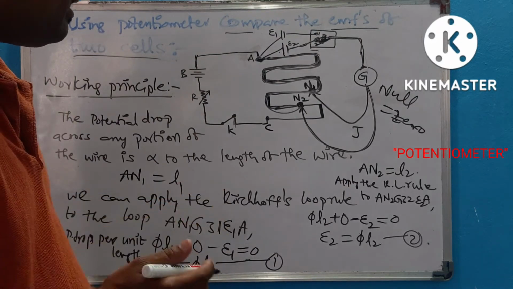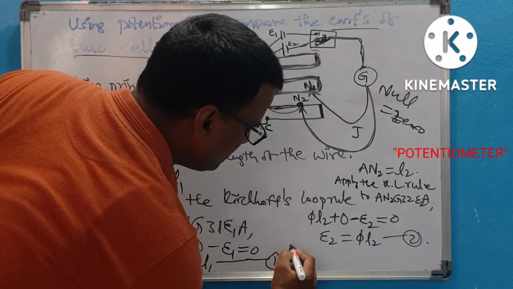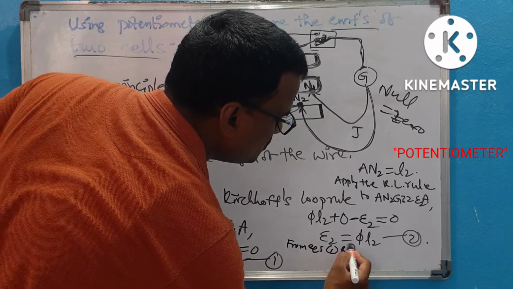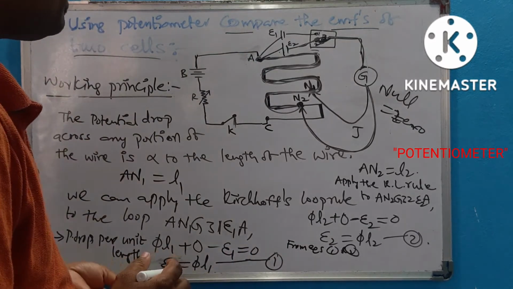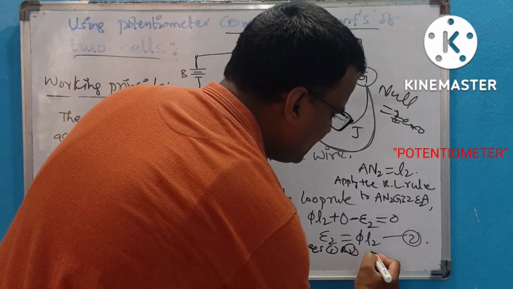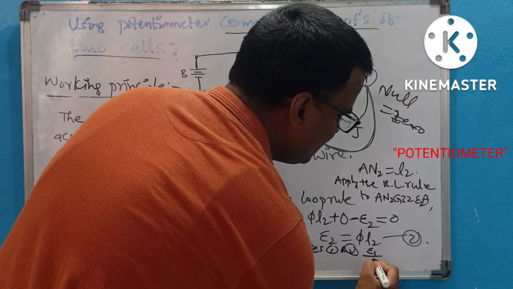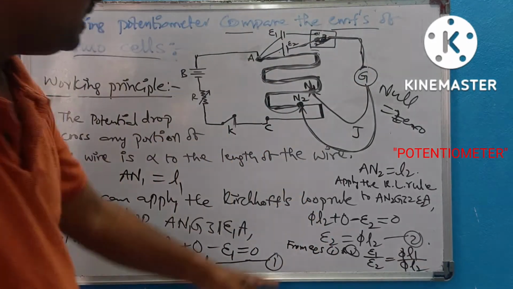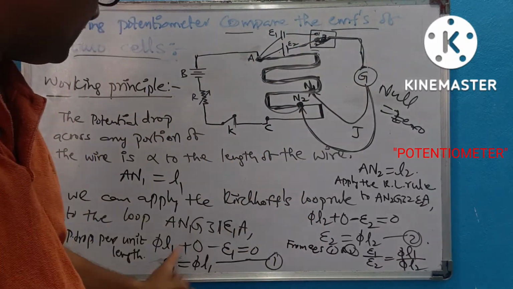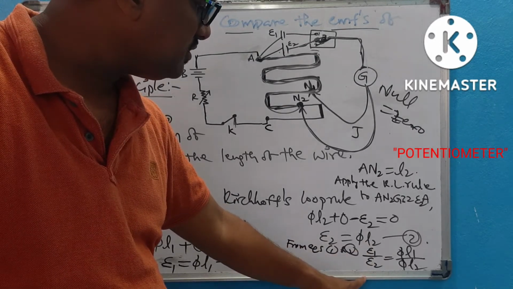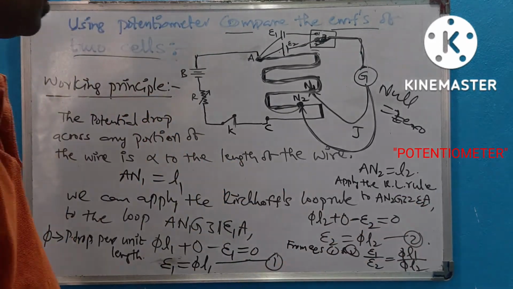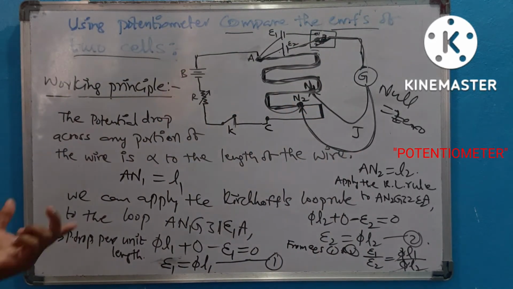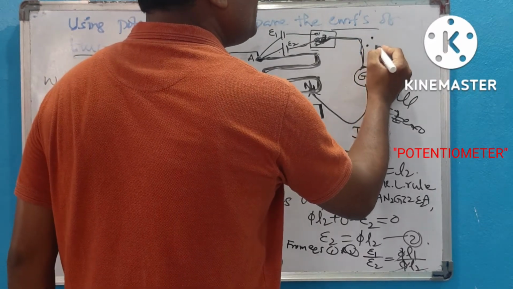So from equations 1 and 2, we can write EMF 1 by EMF 2 equal to phi L1 by phi L2. Here both phi cancel.